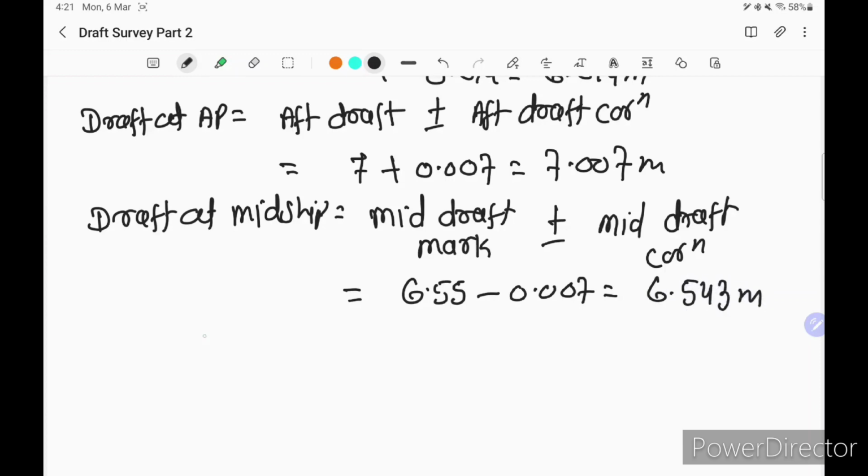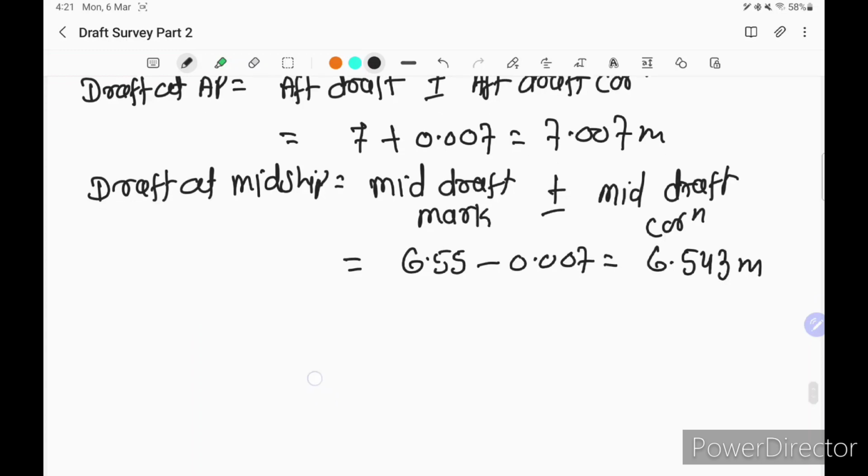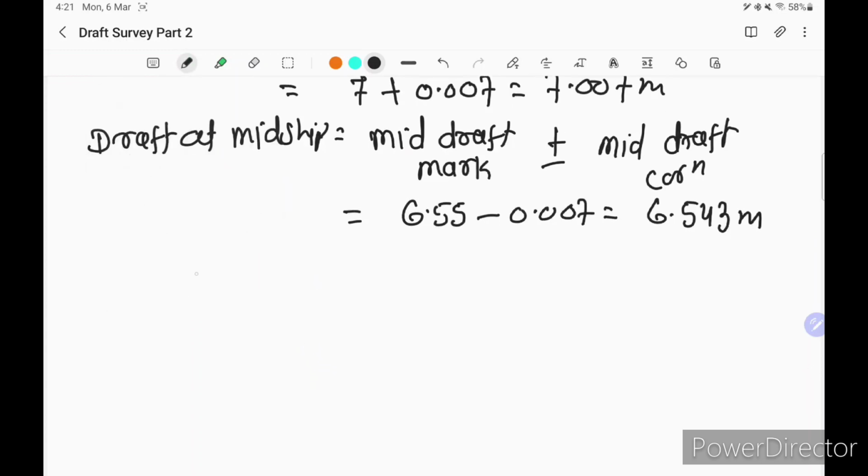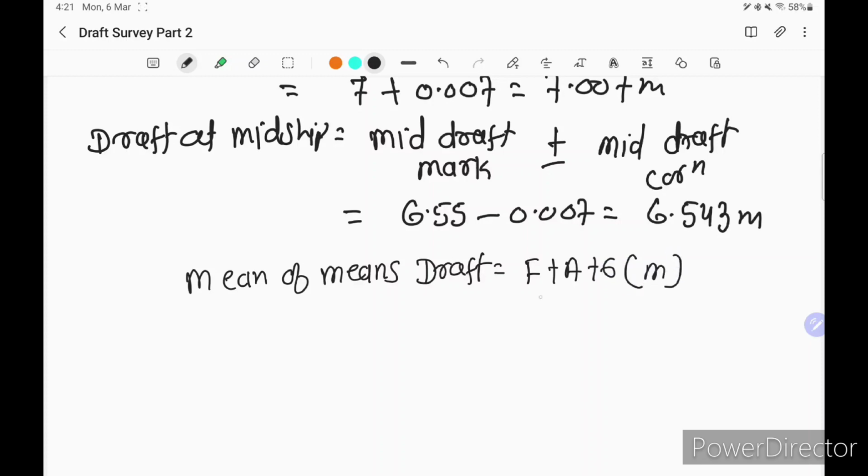Now we'll move to the next step. Mean draft: forward plus aft plus 6 midship divided by 8.